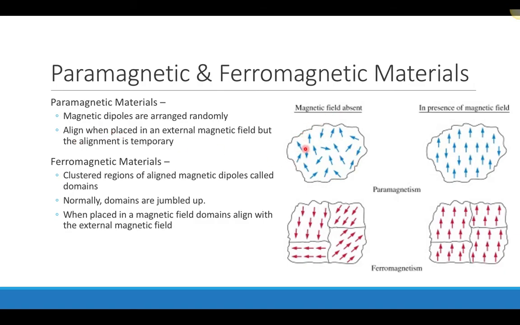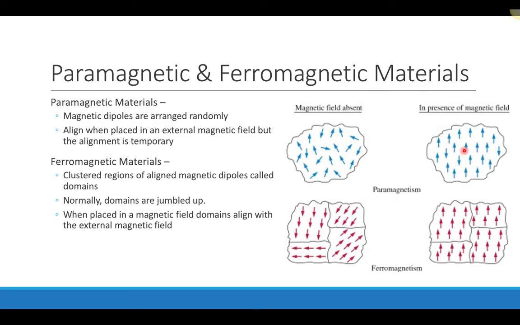If you take that paramagnetic material and you place it in a strong external magnetic field, what happens is that those magnetic dipoles, those little tiny magnets, those electrons behaving as magnets, all tend to line up with one another. So here's a picture of that paramagnetic material where those magnetic dipoles are arranged randomly, and then you place it in a strong magnetic field and all of those magnetic dipoles tend to line up.